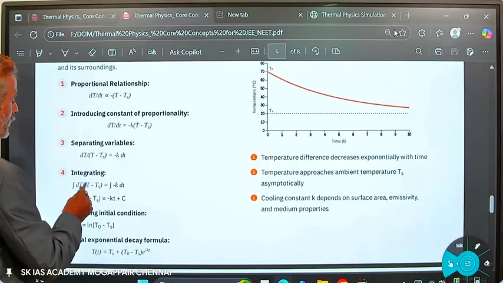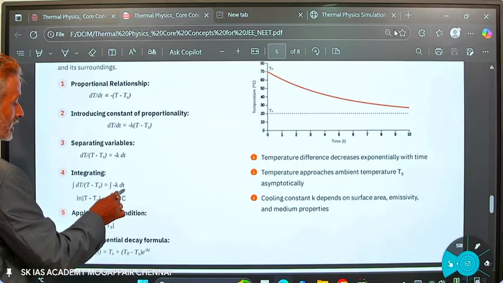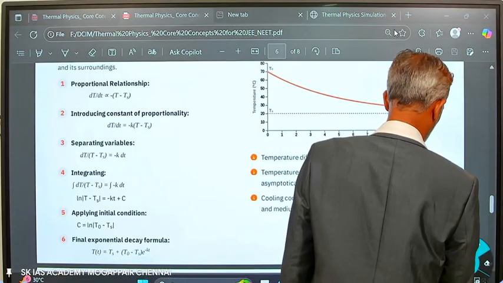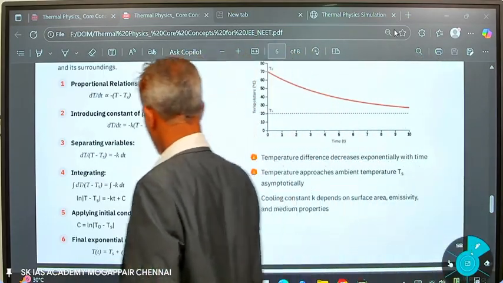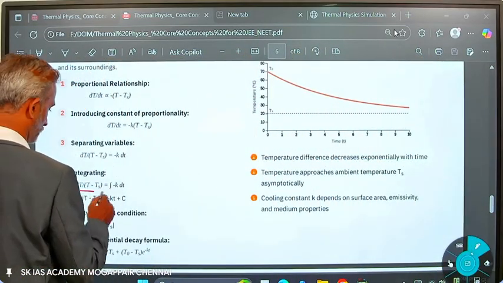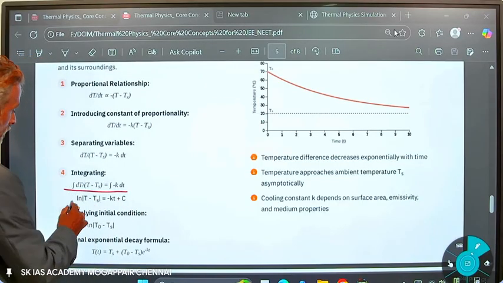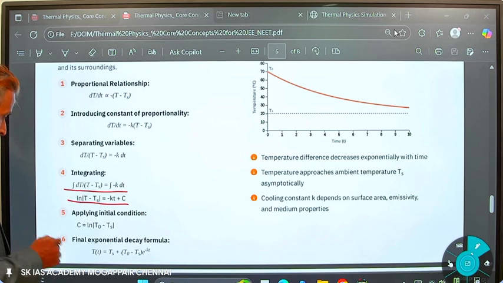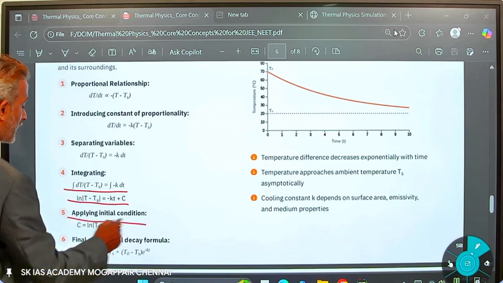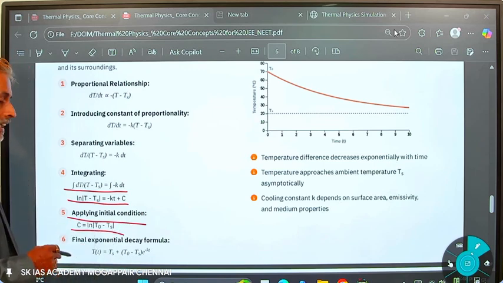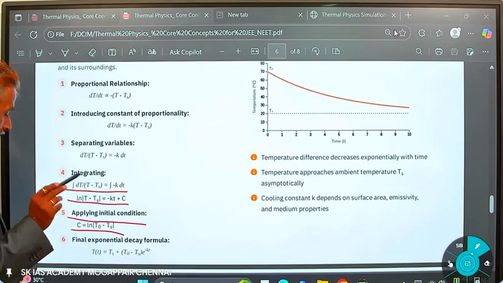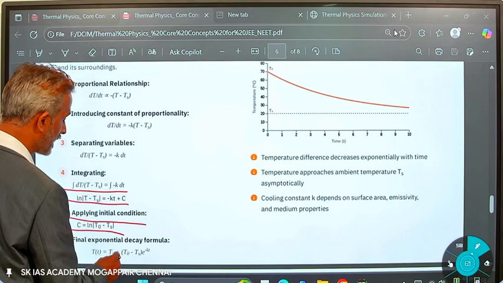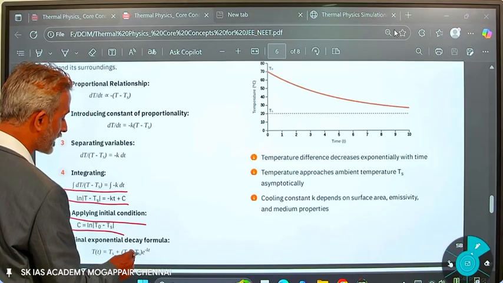Integrating, ln(T minus Ts) is equal to minus kt plus c. Applying the initial condition, you will get c equal to ln(T0 minus Ts). So the final exponential decay formula is T(t) equals Ts plus (T0 minus Ts) e to the minus kt.